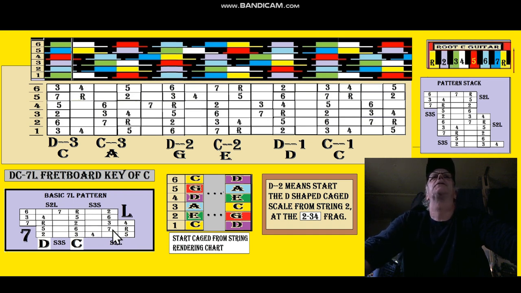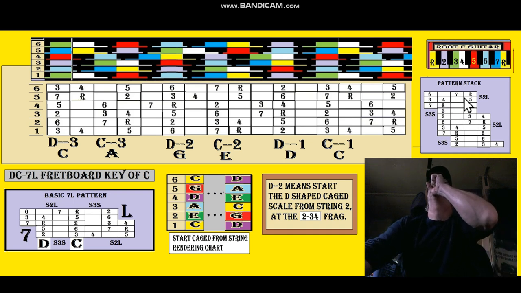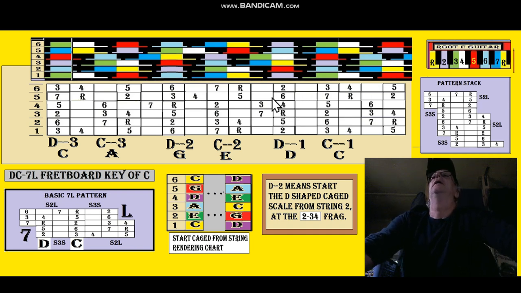That's an S3S stacked on top of the S2L. Here's the S2L, which is up here 3 4 5 6 7R. I could better explain this on the other chart. So we'll get there. And the S3S is your 7R2 5 6 2 3 4.